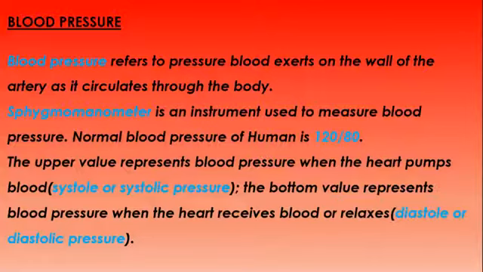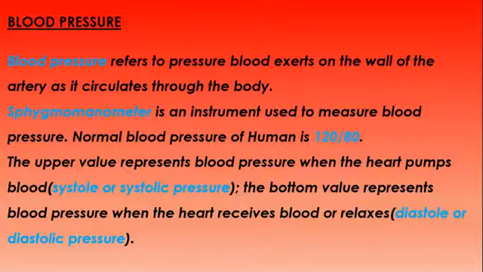So look at the terms very well. I've underscored or highlighted the keywords in this explanation. So we have blood pressure, sphygmomanometer, and a normal blood pressure of humans as 120/80. Then we also have systole or systolic pressure when the heart pumps blood.